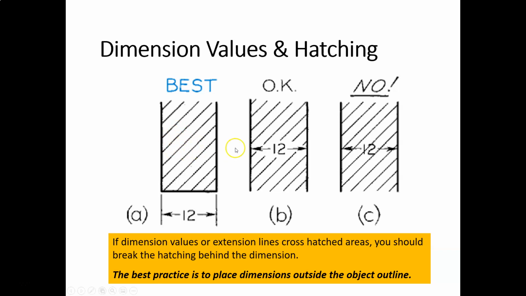So when you have to dimension inside of this, you want to break out the section lines around the number so it's clear to see. This is very difficult to read, so we want to avoid this. By the way, Fusion will not do this for you, so you really have to pull it out with Fusion. AutoCAD, of course, has ways to get the hatching around the number.